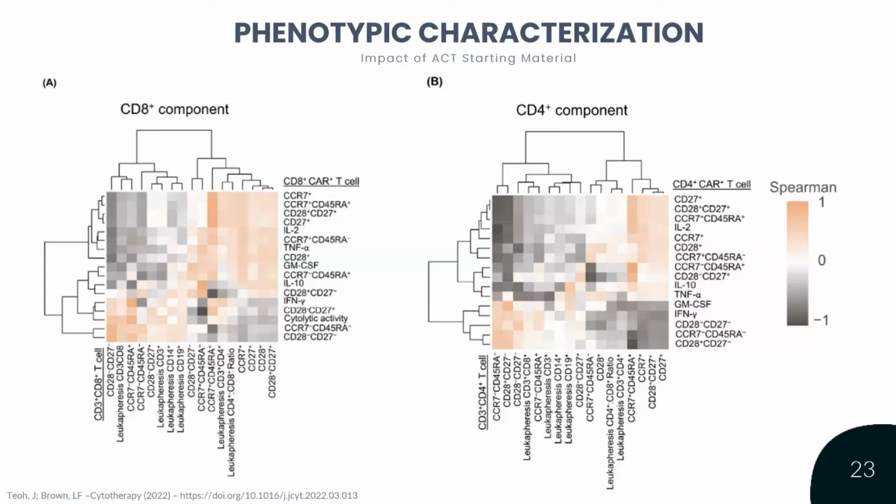A lot of manufacturing processes still just focus on isolating all the CD8s and all the CD4s. But what their work shows is that naive T cells might be a lot better at secreting IL-2, whereas differentiated, terminally exhausted T cells are a lot worse at secreting IL-2.